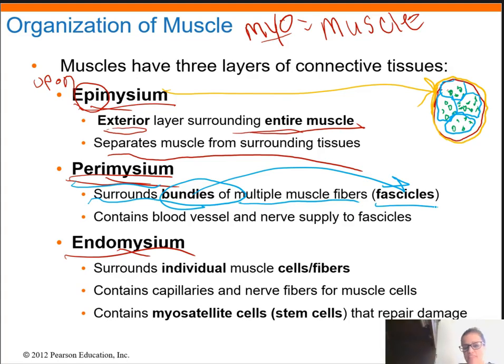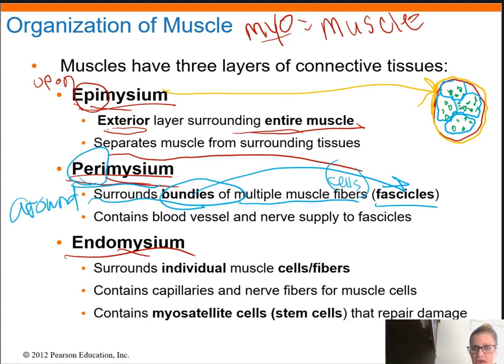So I could say the perimysium surrounds muscle fascicles. Or I could say the perimysium surrounds bundles of muscle fibers or bundles of muscle cells. And peri means around. So perimysium's like around the bundles of muscle fibers.